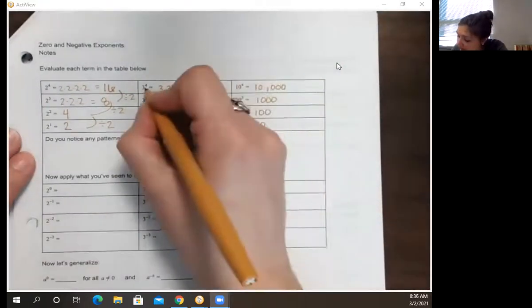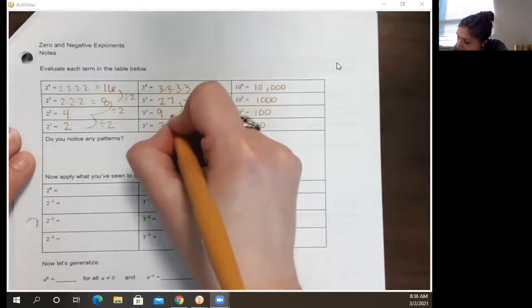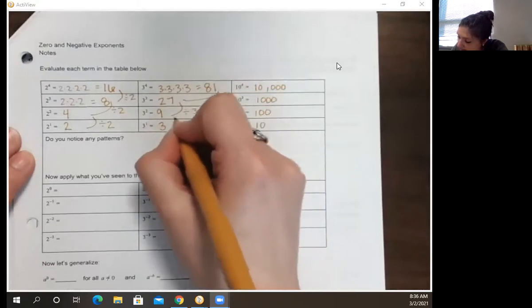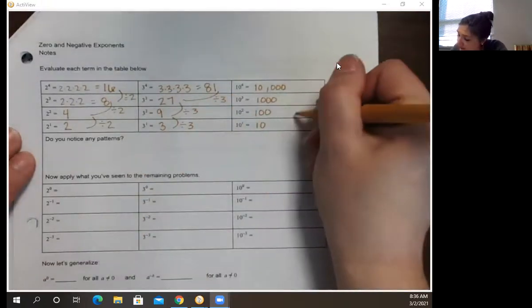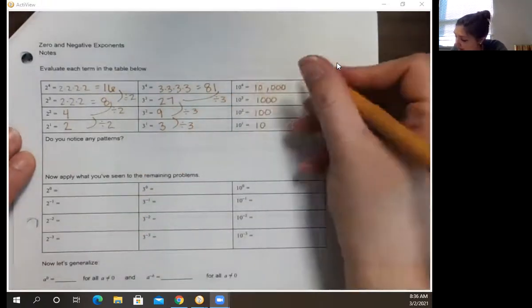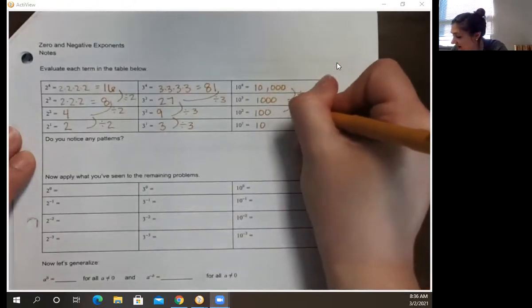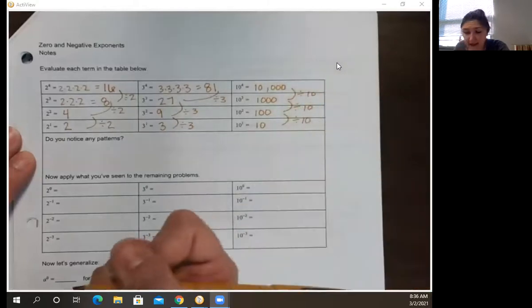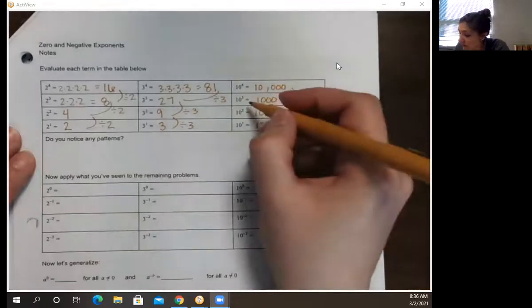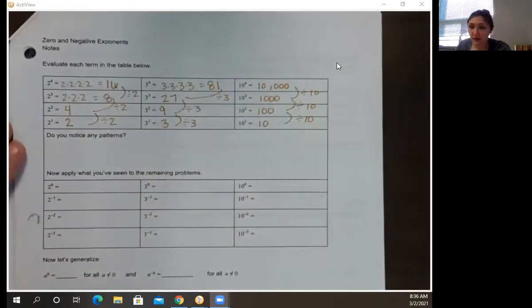For our 3's, as we've reduced that power, we've divided that final answer by 3 each time. And for the powers of 10, as we reduce that power, we've divided by 10 each time for that final result. And that should make sense. We're multiplying by this number one less time. So to go from 10 cubed to 10 squared, divide by 10, take out a power of 10.